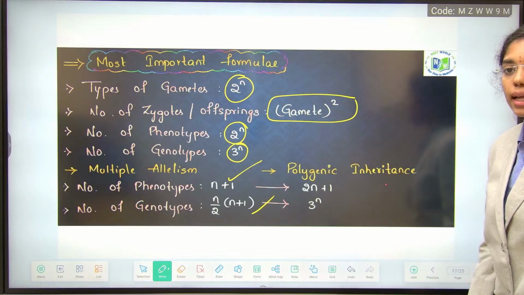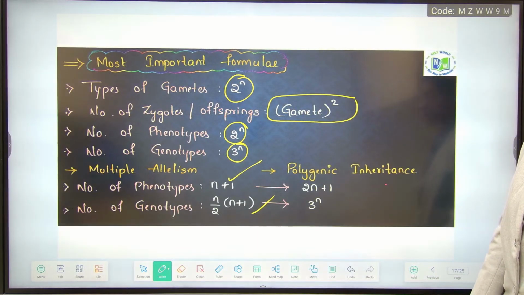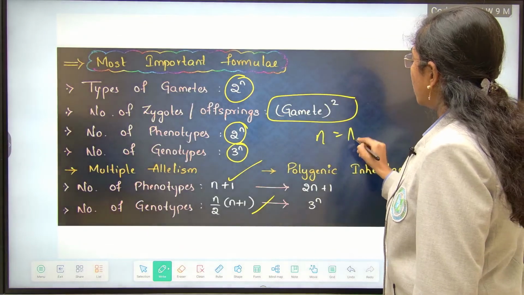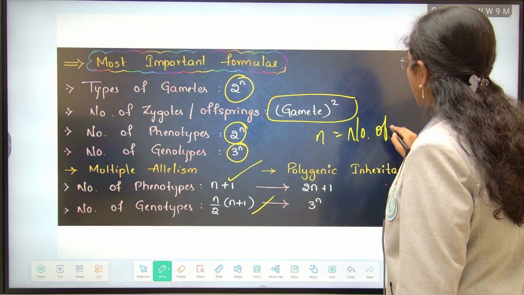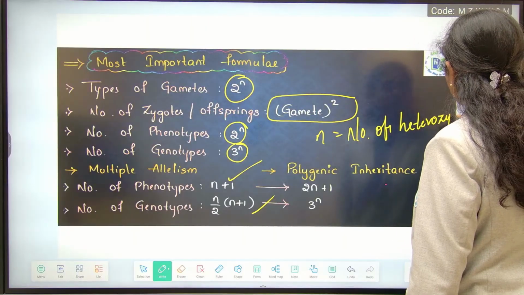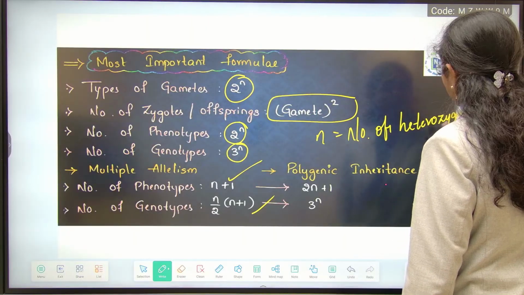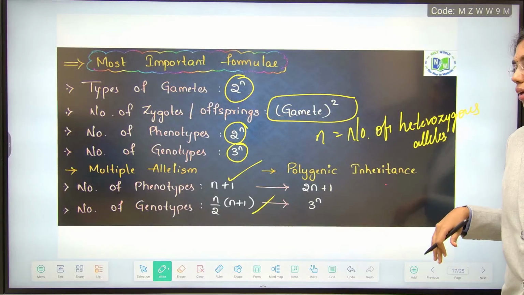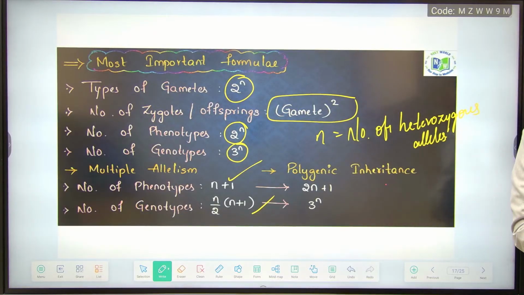For polygenic inheritance, we have already learnt it, where n is equal to the number of heterozygous alleles. So these are different formulae to be noted clearly. Take a screenshot of it and apply it in your problems.